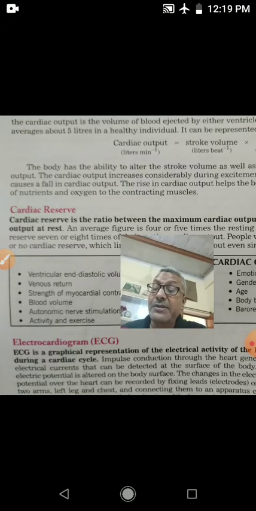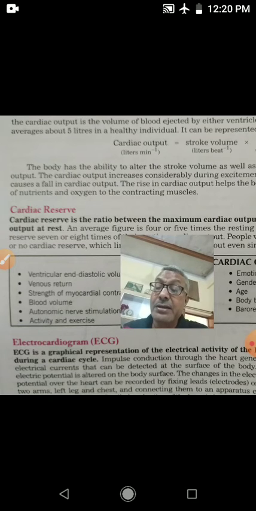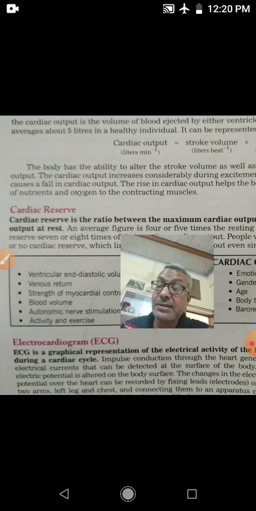The maximum cardiac output is what a person can achieve when doing muscular exercise or strenuous work. Cardiac output at rest means when the person is not doing any work and is taking complete rest.